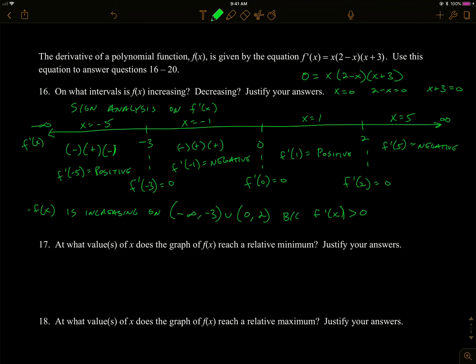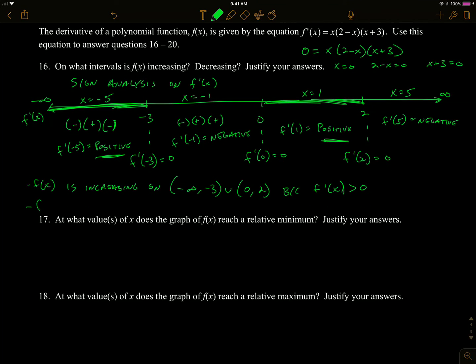So I'm looking for those positive intervals. The same will be true for decreasing. It's going to be decreasing on negative 3 to 0, union 2 to infinity, because on those intervals the derivative is negative. So remember, less than 0 means negative, bigger than 0 means positive.